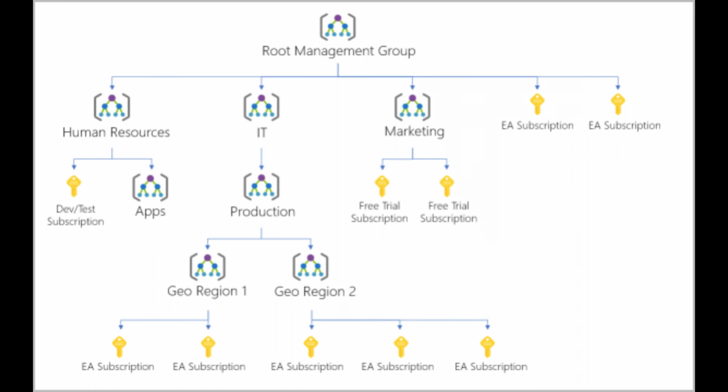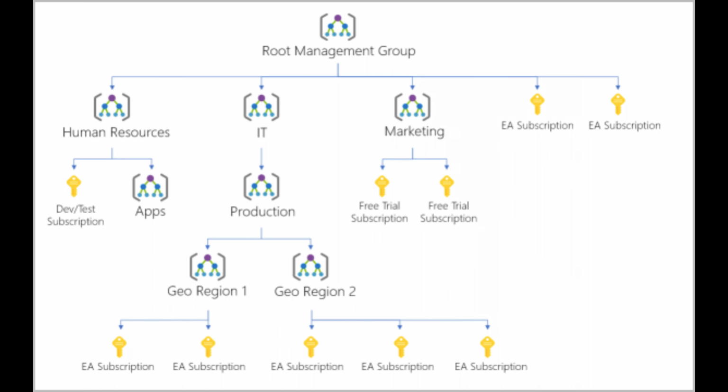And then we have management group, the final piece. Resources are gathered into resource groups and resource groups are gathered into subscriptions. If you are just starting with Azure, that might seem like enough hierarchy to keep things organized.